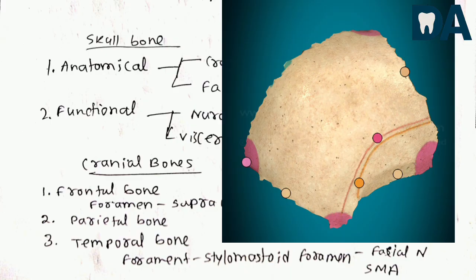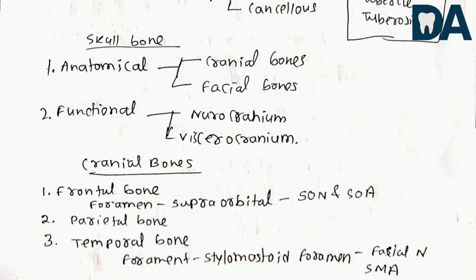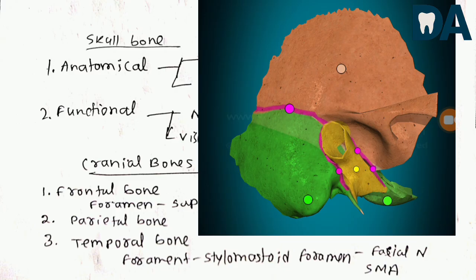Next one is parietal bone. The parietal bones are paired and separated by the sagittal suture. Along the superior midline, they form the sides and the roof of the cranium. The coronal suture separates the frontal bone from the parietal bone. Next one is temporal bone.